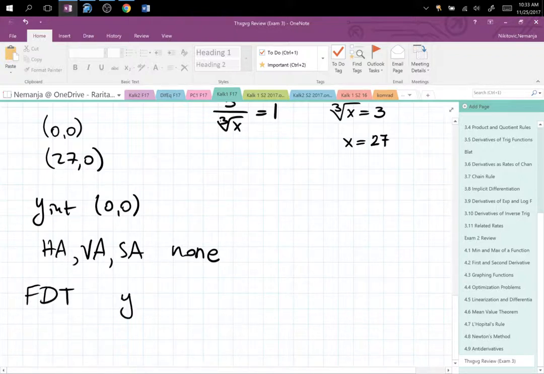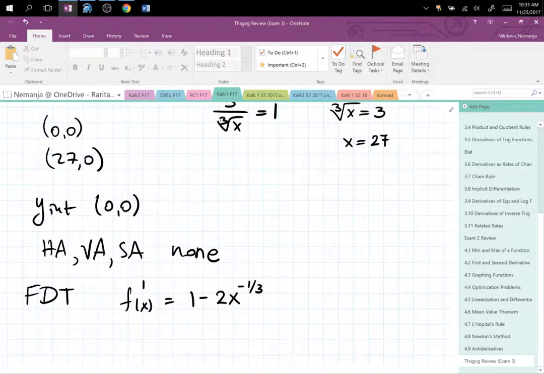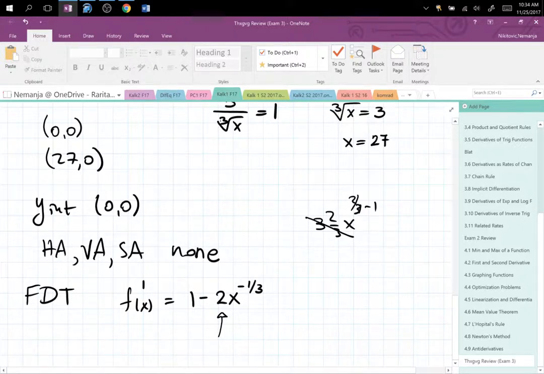So we will take the first derivative, f prime of x, and that is 1 minus 2x to the negative 1/3, because you had 3 times 2/3 x to the 2/3 minus 1. So 3 and 3 will cancel, give you the 2, and then 2/3 minus 1 is negative 1/3.